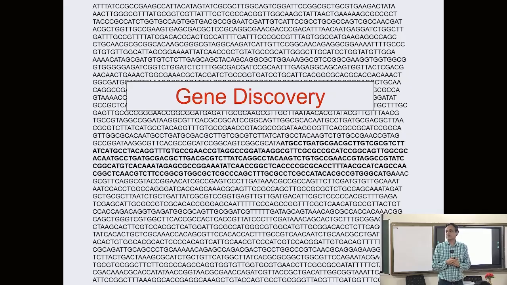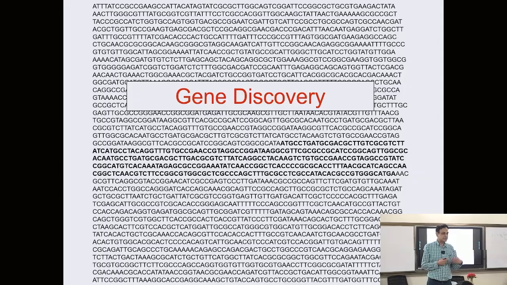The start codons in prokaryotic genomes are ATG, CTG, TTG, and sometimes I think GTG also. In eukaryotes, almost always ATG. Then you read codon after codon, and when you encounter one of the three stop codons, TAA, TAG, and TGA, those signal the end of the translation. Thus you have reached the end of a potential gene.